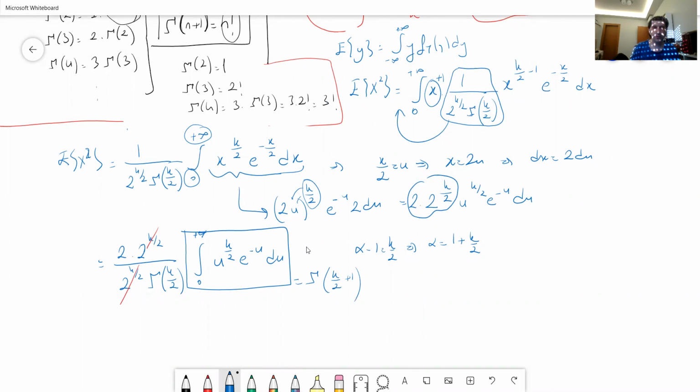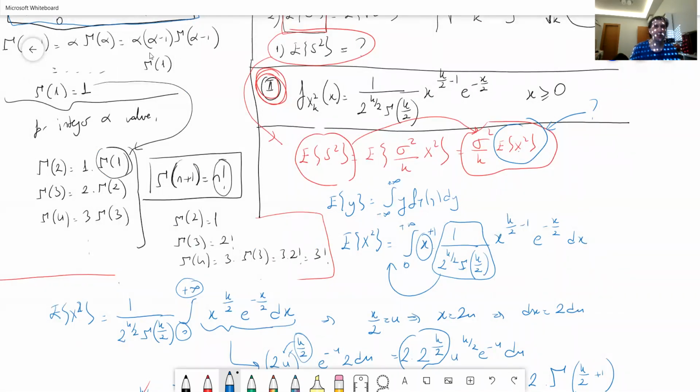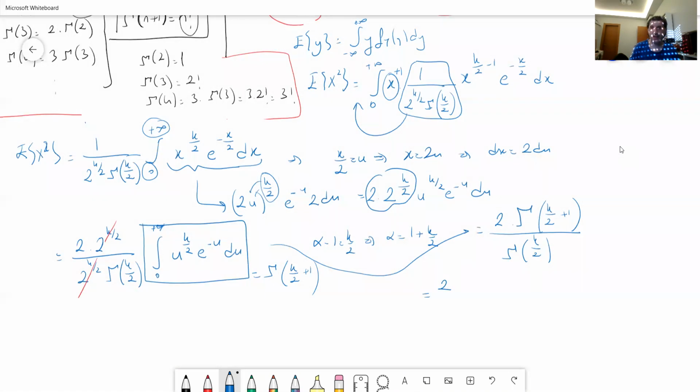So continuing from here, we have 2 times the gamma function of k over 2 plus 1 divided by the gamma function of k over 2. And this is equal to 2 times, using this property of the gamma function, we can write it as 2 times k over 2 times the gamma function of k over 2, divided by the gamma function of k over 2.